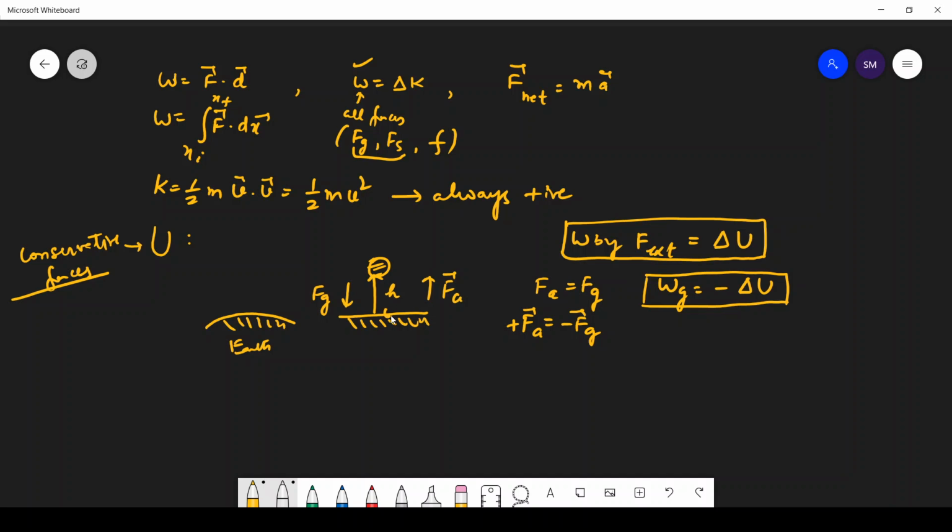If this is 0 and this is height h, the initial potential energy was 0, I am taking it as 0 here, and over here it will be mgh, so the change is mgh, and this is equal to minus mgh. So the potential energy is due to the position, or you can say the configuration.